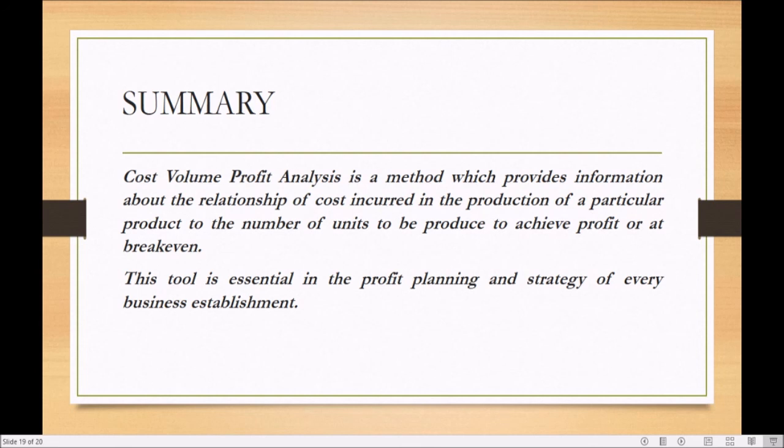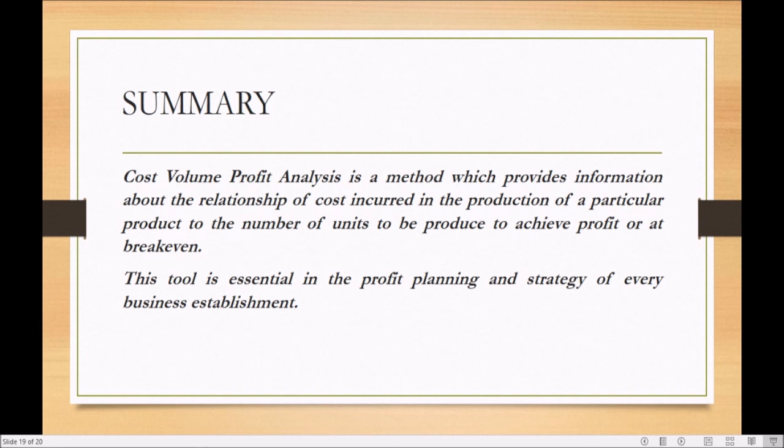For instance, in my experience, I apply CVP analysis on determining as to how many participants should attend a seminar. Kasi remember, we will incur fixed costs like sound system, like the venue, and then we will incur variable costs like the food, the kits.